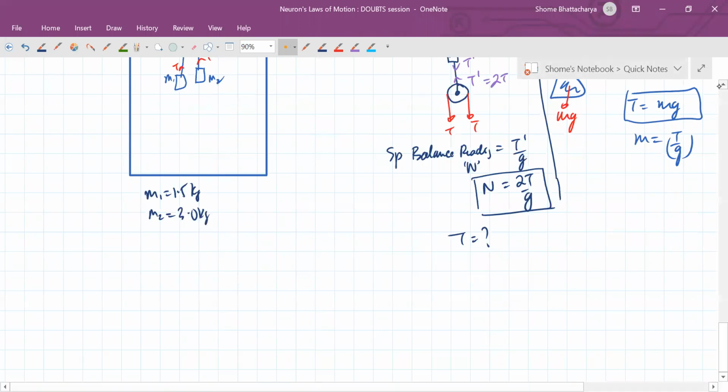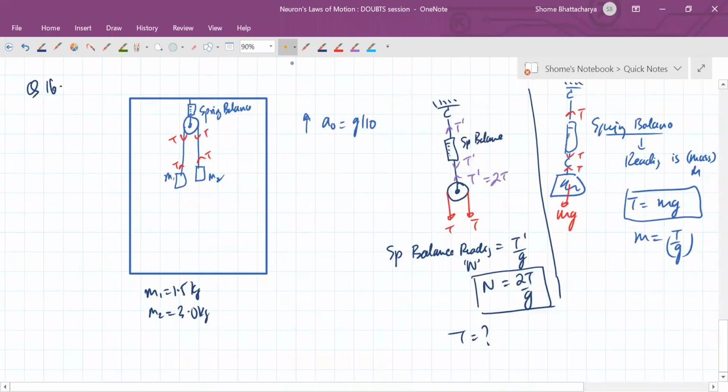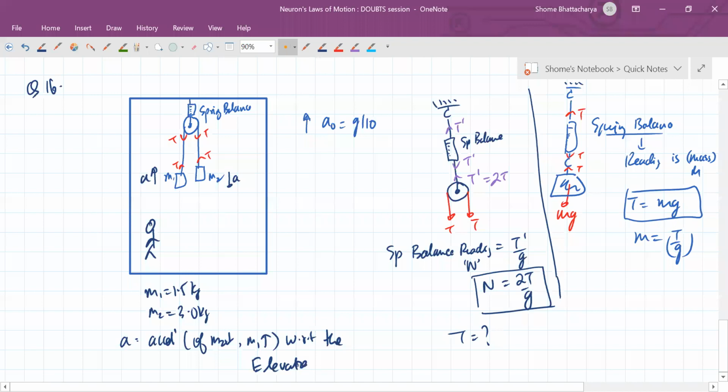With respect to the observer inside the elevator, you're seeing that M2 is coming down with A and M1 is going up with A. So A is the acceleration of M2 downwards and M1 upwards with respect to the elevator's frame. So that is in the non-inertial frame.